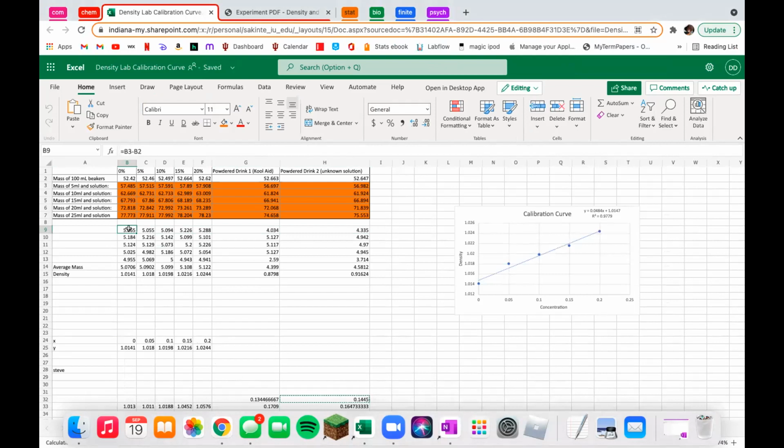And I'm guessing that entire row is for the 5 milliliter solution, right? Yes. And then the percents go up horizontally.